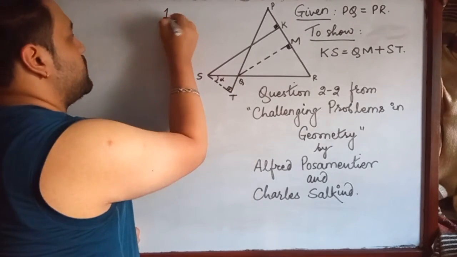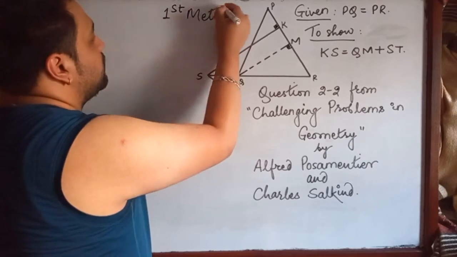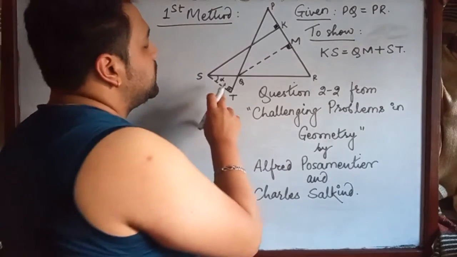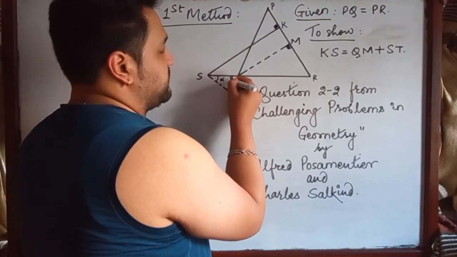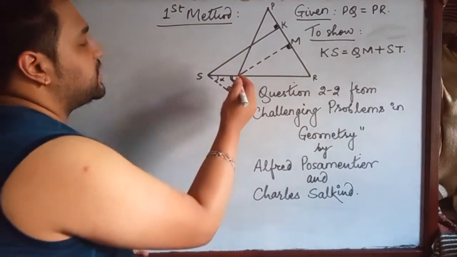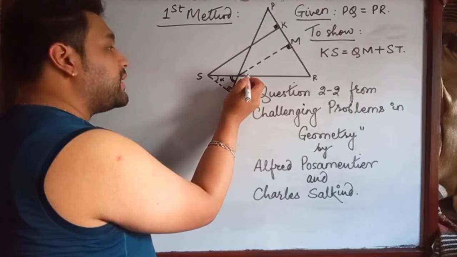This is the first method, by the way. If this angle is alpha, this angle will be 90 degrees minus alpha, because this is a right angle triangle. So vertically opposite angles: this angle is also 90 degrees minus alpha.